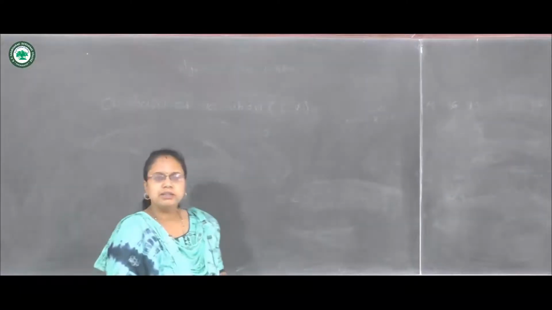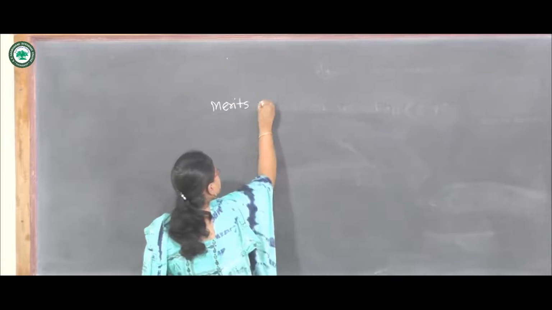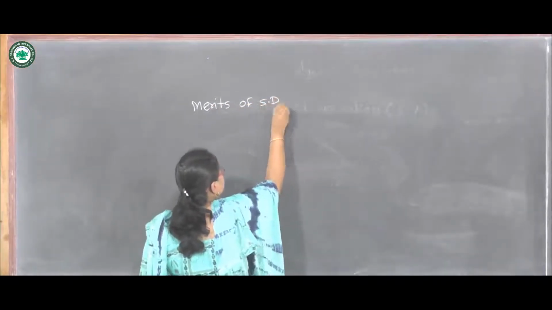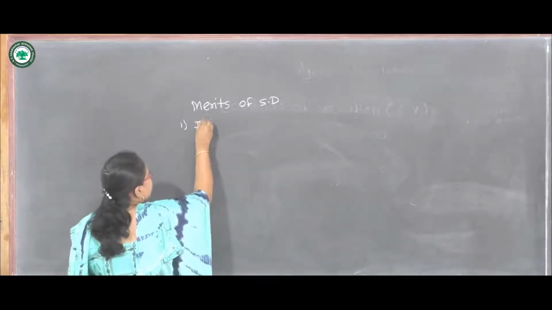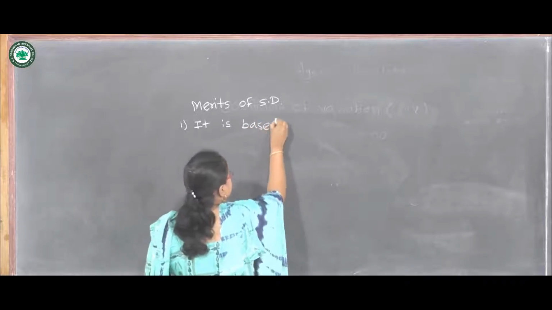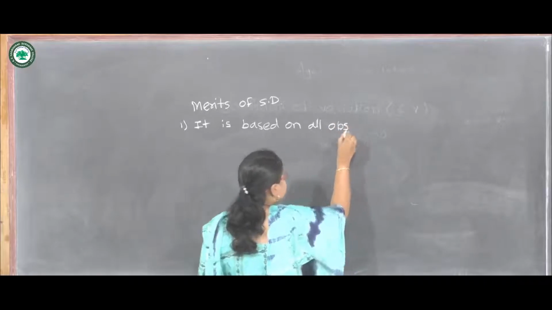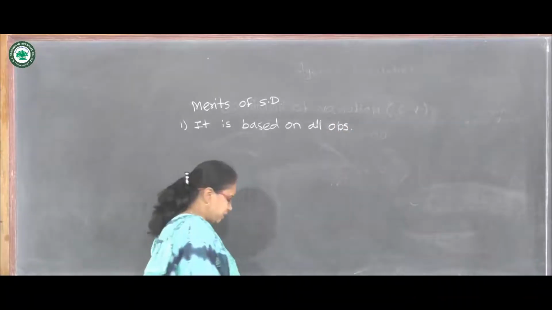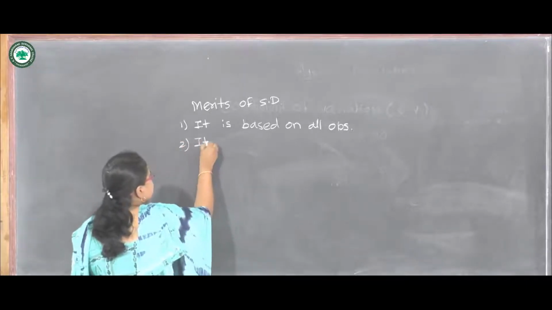Now we will study the merits and demerits of standard deviation. First, it is based on all observations. This is the requisite of a good measure of dispersion. Then it is rigidly defined.